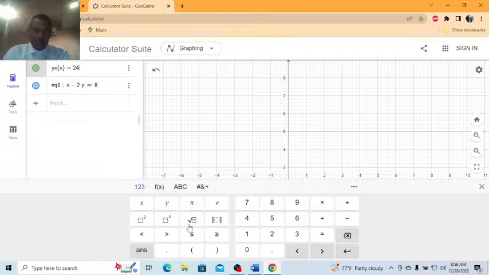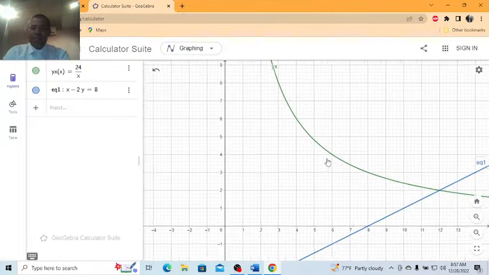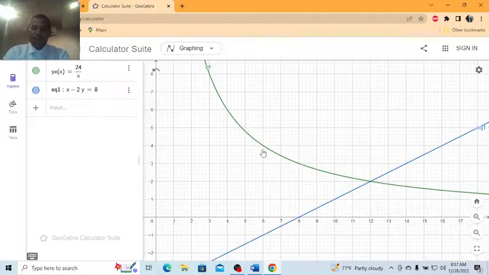We have division, so I will write this as y is equal to 24 divided by x. Okay, good. Now this is the intersection of my equations.